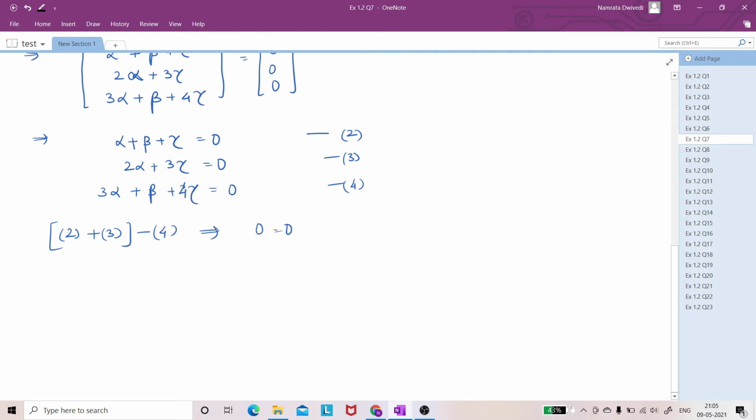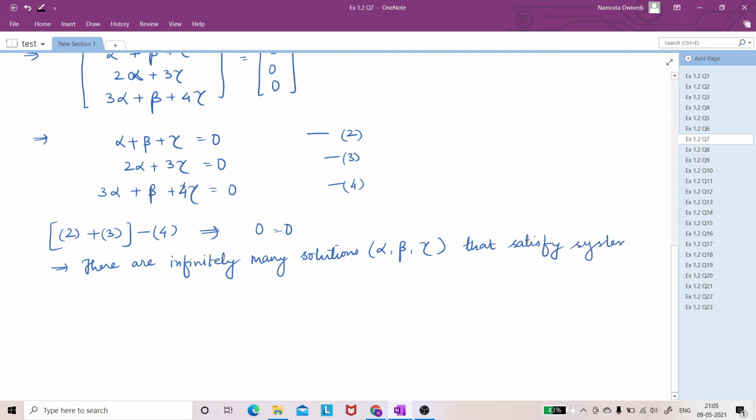That is, we get 0 here, which implies there are infinitely many solutions alpha, beta, gamma that satisfy the system.